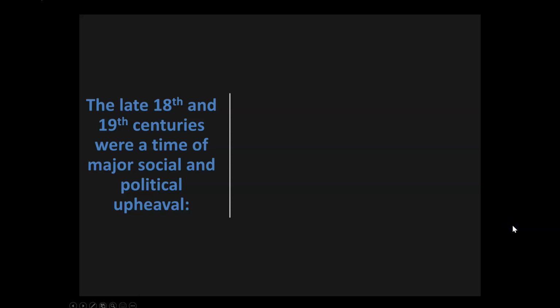Just to set the historical background in place before we begin discussing the theory of utilitarianism, as many of you know, the late 18th and 19th centuries were a time of major social and political upheaval.